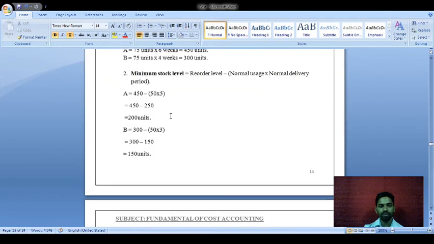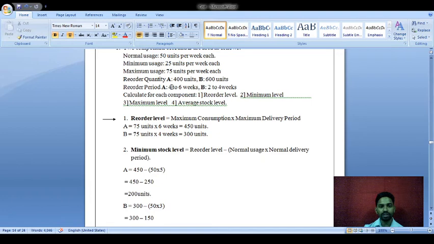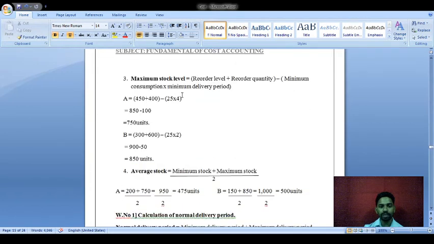Okay, minimum is 4, and 6 is the maximum. So 4 we have to take as the minimum. Now solve, 450 plus 400 is 850, minus 25 into 4 is 100. Now 850 minus 100, the total answer will be 750 units.